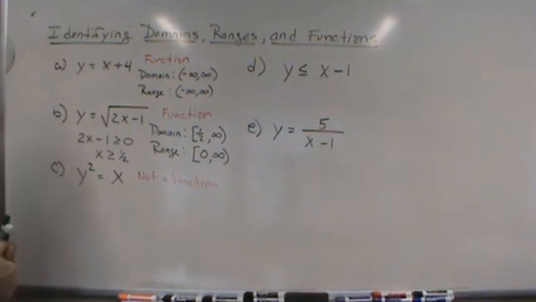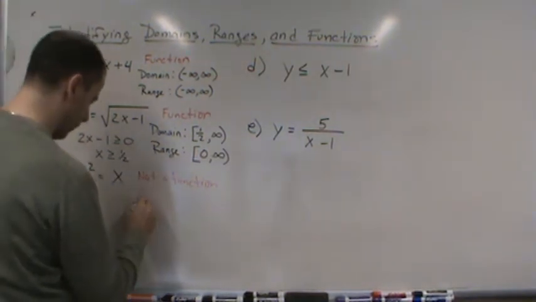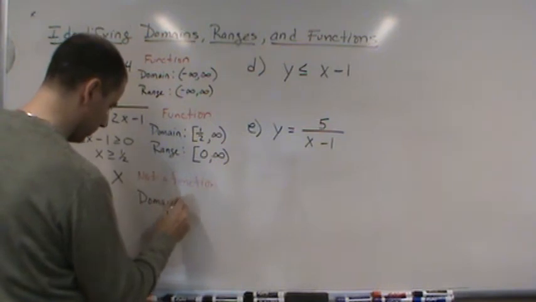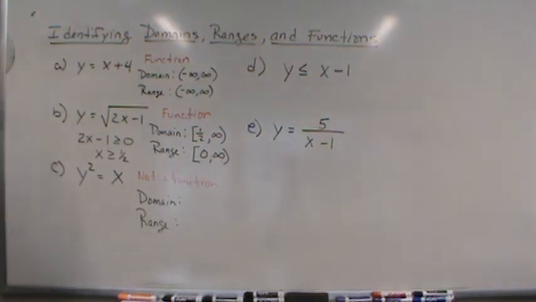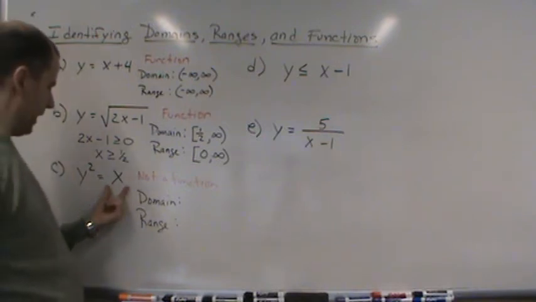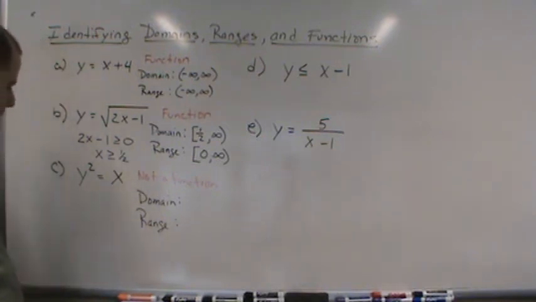Now let's look at the domain and range. So now the domain. What values of x can I put in here that will give me a value of y? Are there any values of x that will not give me a value of y?